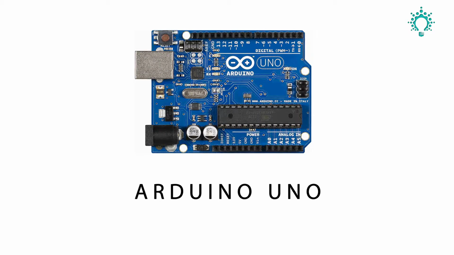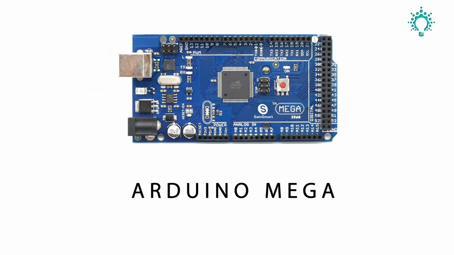Now it was founded by Massimo Banzi, and the group started in 2005. So from 2005 it is making waves. There are various types of Arduino boards such as Arduino Uno, Arduino Leonardo, Mega, Nano, etc. These different boards have different microcontrollers such as Atmega 328, Atmega 2560, and they have different input output configurations.